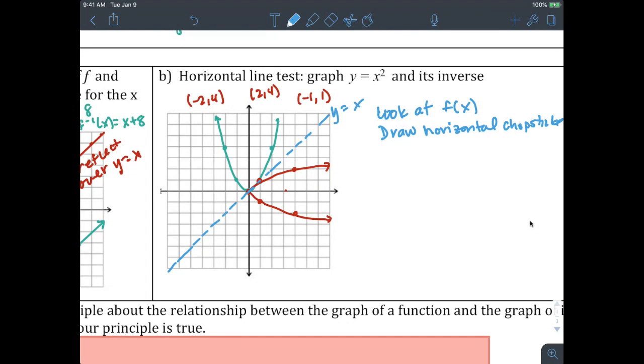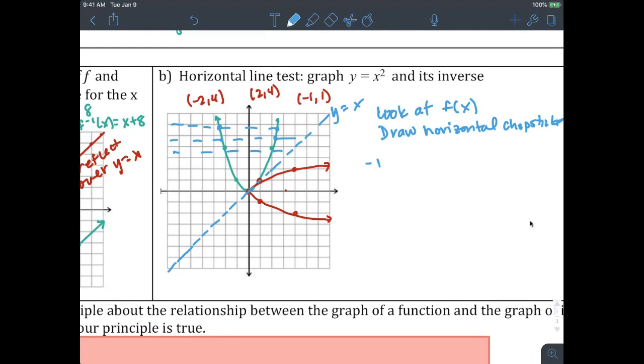Okay, so does the horizontal chopstick intersect the graph more than once on the same line? So yes, here and here, here and here.